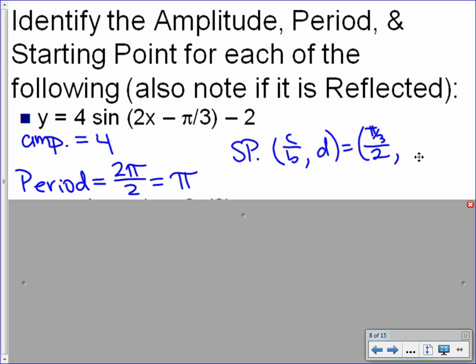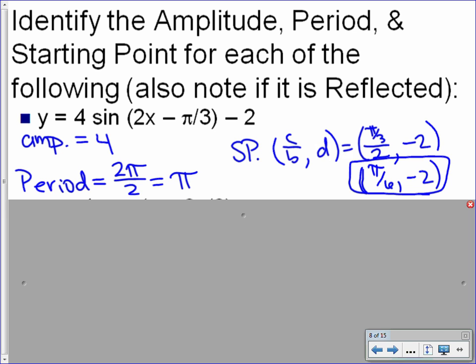And then our d value is this negative 2. What is pi over 3 divided by 2? Pi over 6. So our starting point is pi over 6, negative 2.